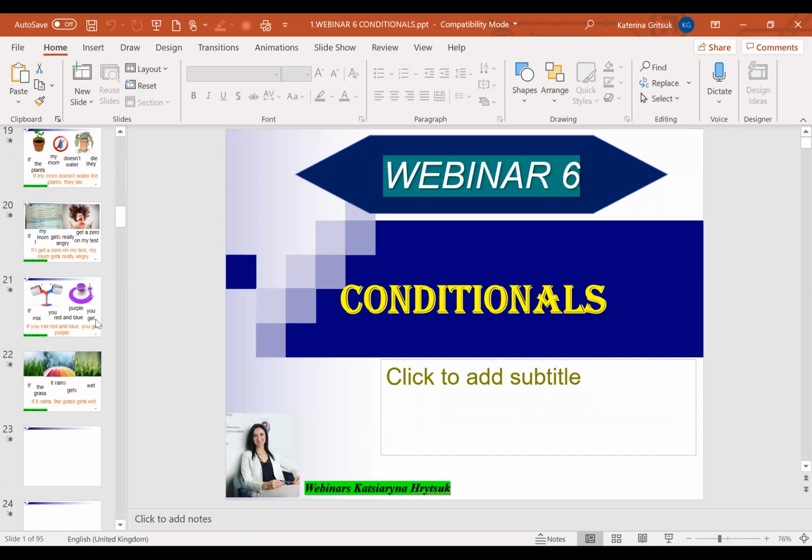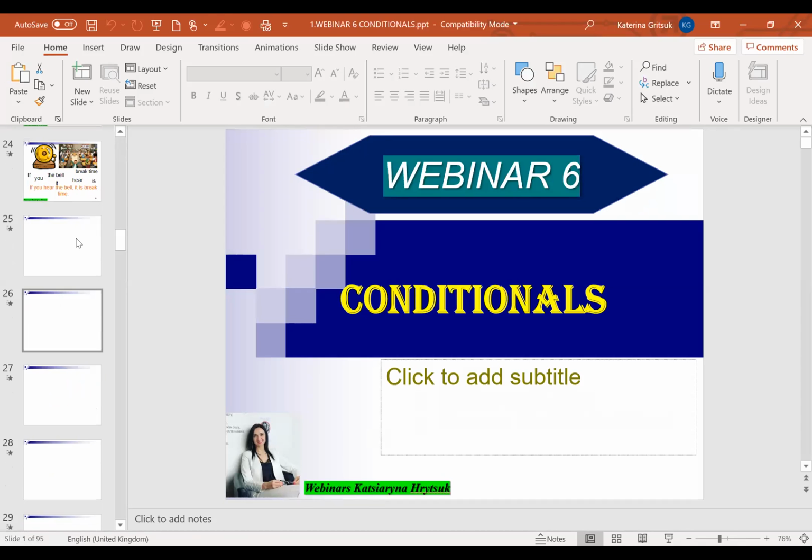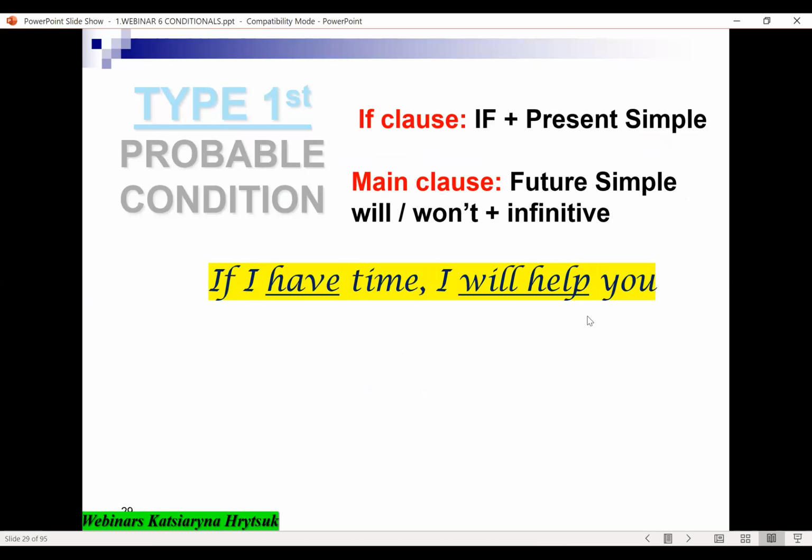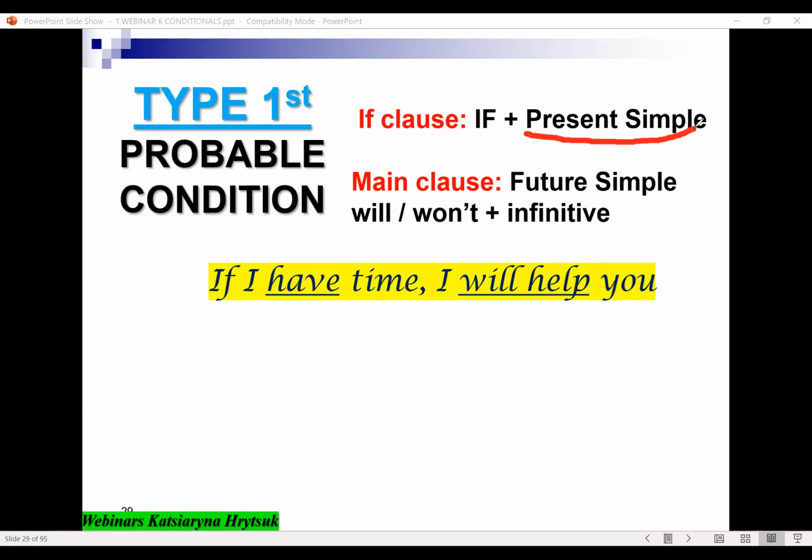Now we move to the next type. That is type 1. Let's go. Now it will be little by little more complicated. But not. Type 0, again, if clause, and again, main clause. If clause, present simple. Main clause, future simple.